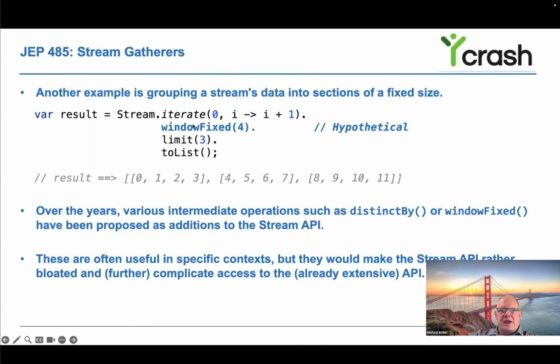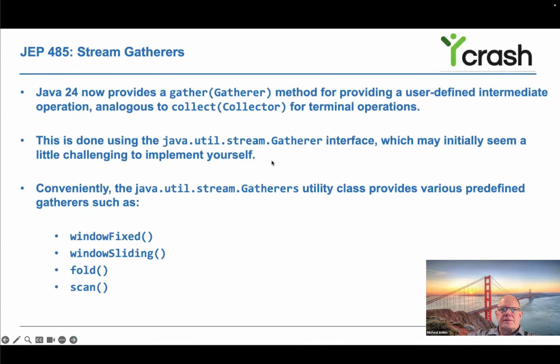Would be cool if there's something like a window fixed. But of course, as I mentioned, if all these proposals would have been added to the Stream API, it would be more complicated and overloaded.